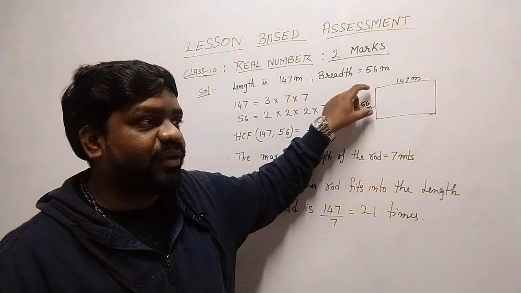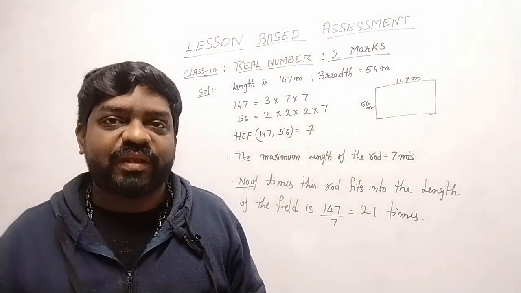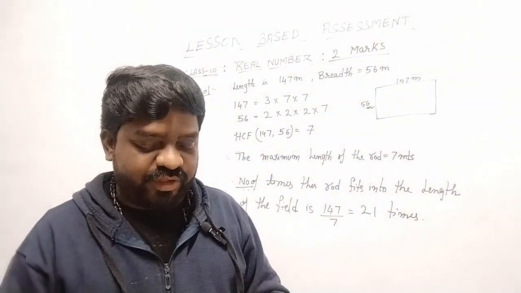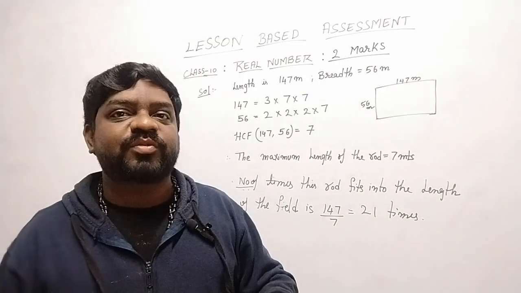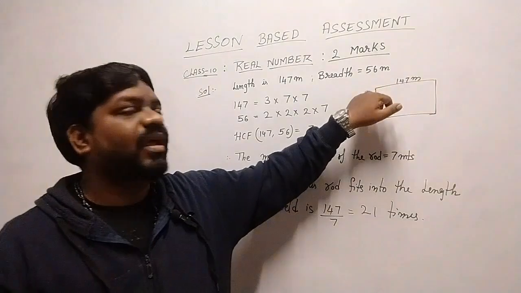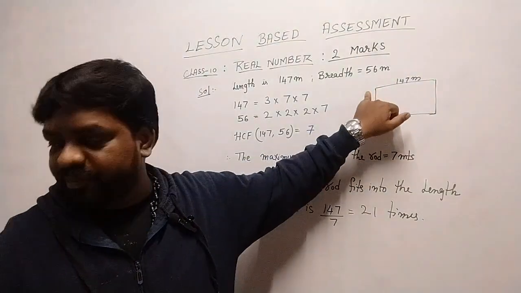So we have to find the rod with a maximum length, and also find how many times it has to be used to measure the length, that is 147 meter.